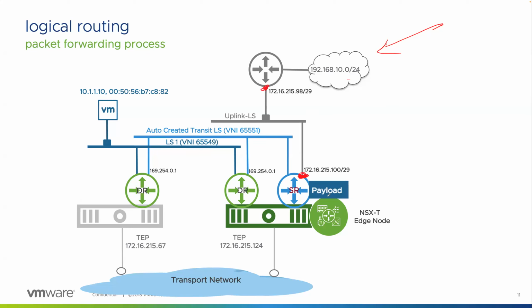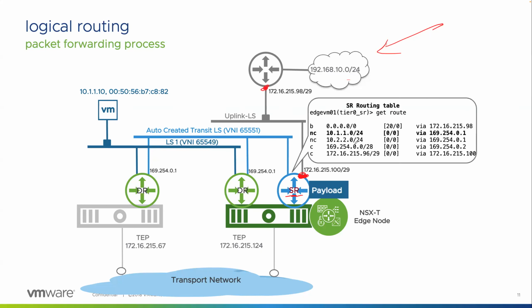The physical router will send this payload to the SR. When the SR gets this payload, it looks at the routing table to see where 10.1.1.0 is located, and the next hop is 169.254.0.1. Where is it? Is it on this DR?